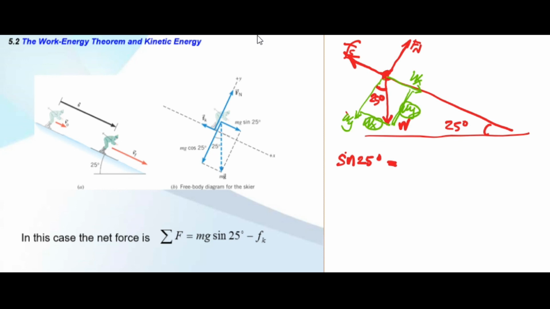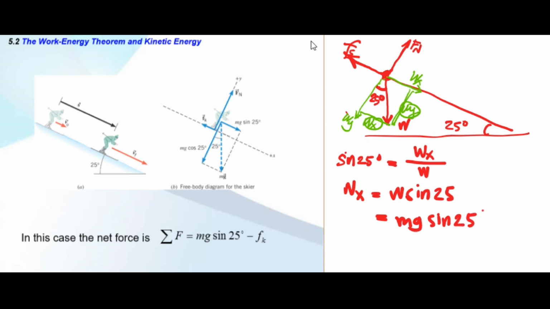The opposite side is Wx, the hypotenuse is W, therefore Wx is W sine 25. But W, the weight, is mass times gravity, so Wx is mg sine 25 degrees. So this is your Wx.